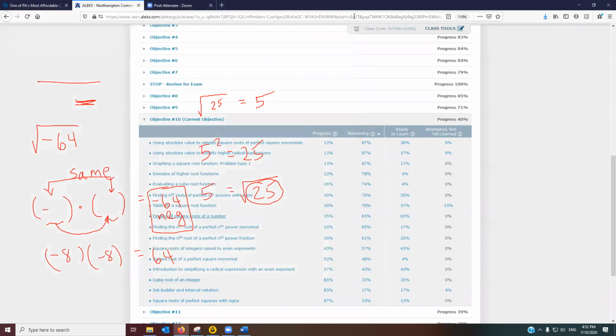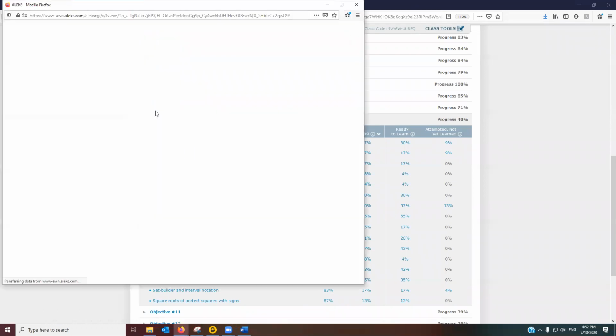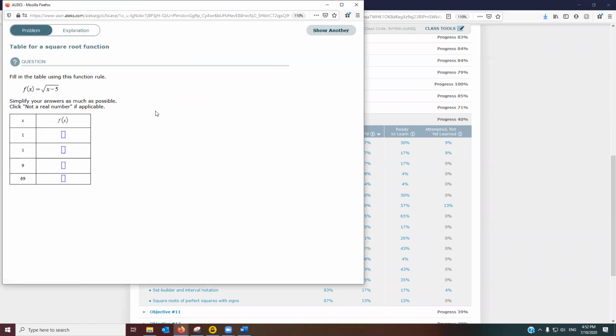All right, let me go to another example, a table of a square root function. By the way, if you go to the reference packet and look at the multiplication table, you'll notice that on the diagonal are the perfect squares.